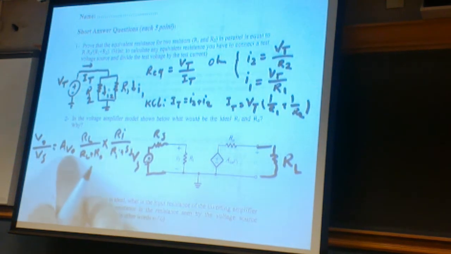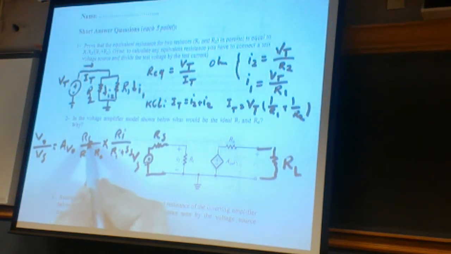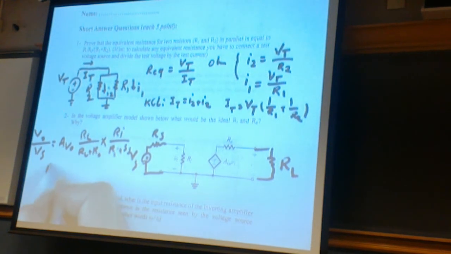So it's the open loop gain times 2 voltage dividers, right? If you want to maximize this gain, if you reduce R out, this is going to become 1, meaning R out 0. If you increase Ri, this one is going to become 1. So Ri infinity and R out 0.